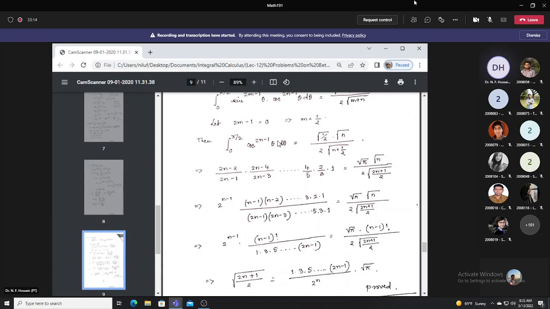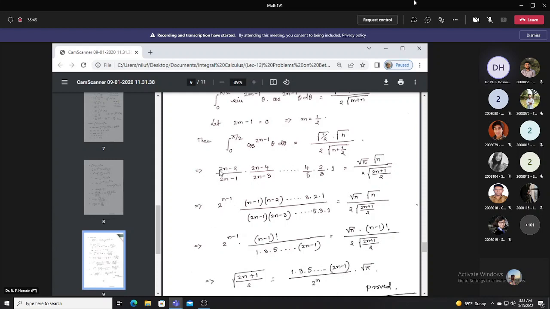So here using Wallis formula, it will be (2n minus 2) divided by (2n minus 1) into, in the upper side, (2n minus 4) over (2n minus 3). In the next factor, in the lower side, it should be 2n minus 5, in the upper part, it should be 2n minus 6.